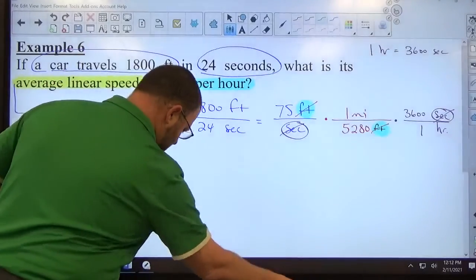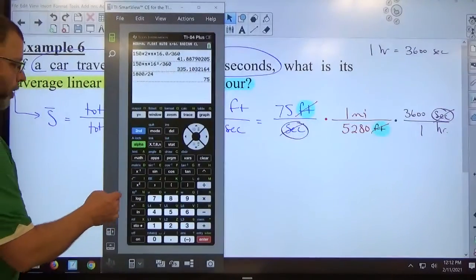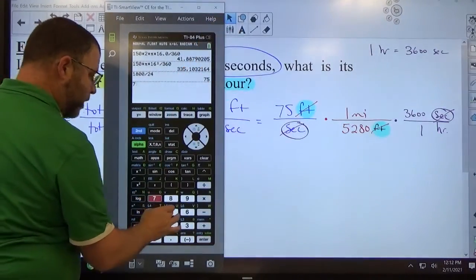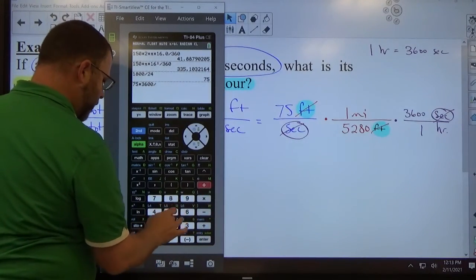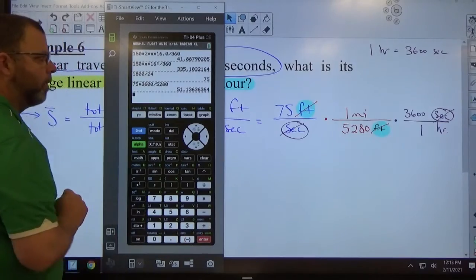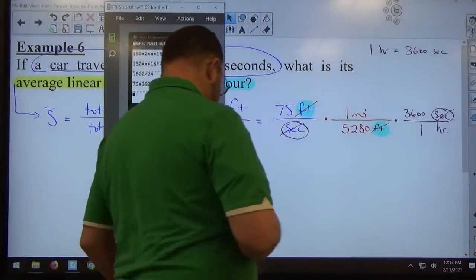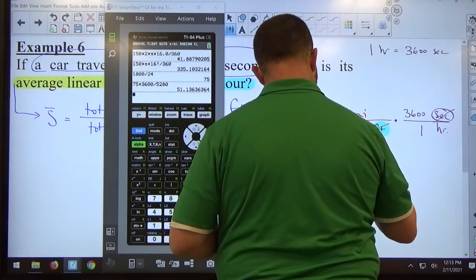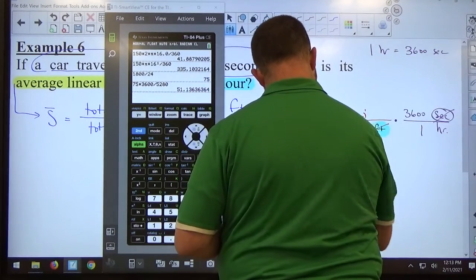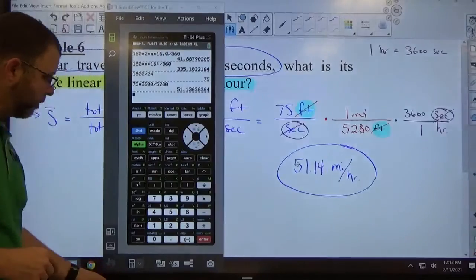So to get my answer in the correct unit, I'm going to do 75 times 3,600 divided by 5,280. That's 51.14 miles per hour. You can put MPH if you want to, it means the same thing.